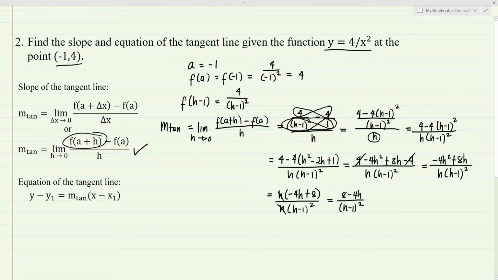Since the function is in its simplest form, I can now solve for its limit by replacing the variable h with 0. I would have 8 minus 4 times 0 divided by 0 minus 1 squared. So this would be 0, and I would have negative 1 in the denominator. Then square it, that would be positive 1. So the answer is 8 over 1, or simply, the slope of the tangent line would be positive 8.